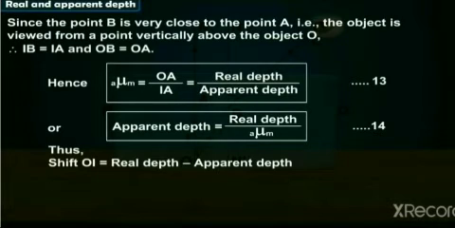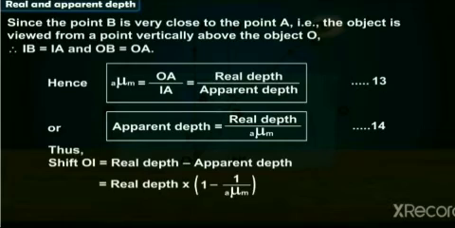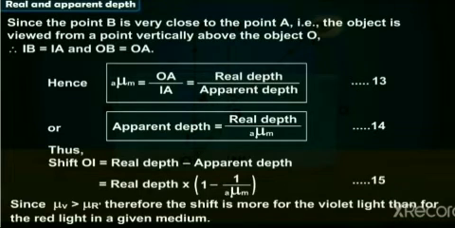Thus, shift OI is equal to real depth minus apparent depth, which equals real depth into 1 minus 1 upon refractive index. Let this be equation 15.